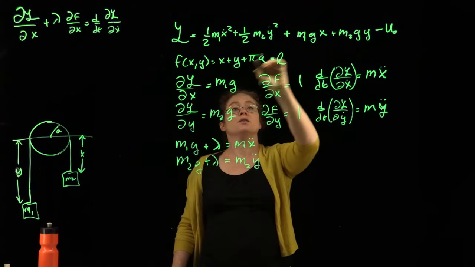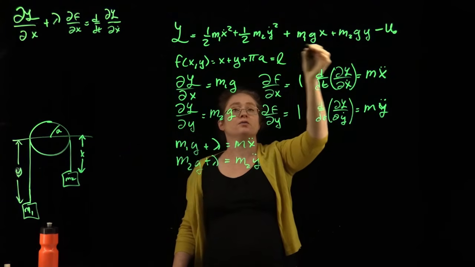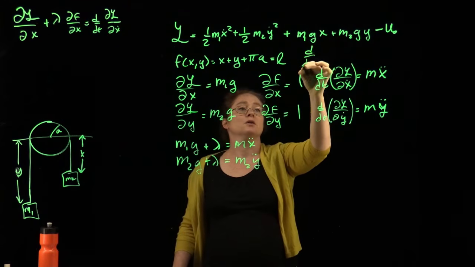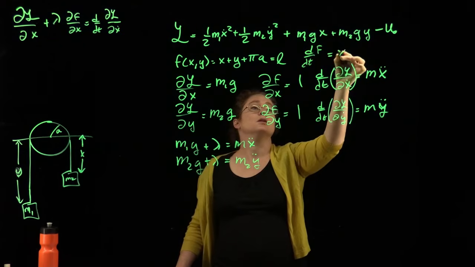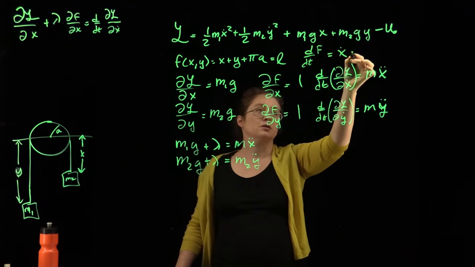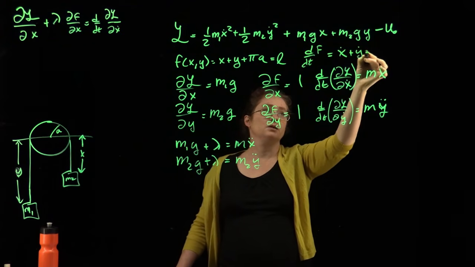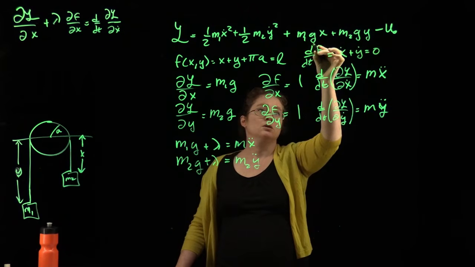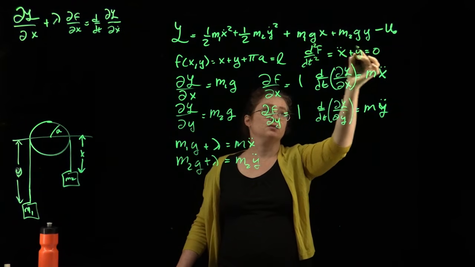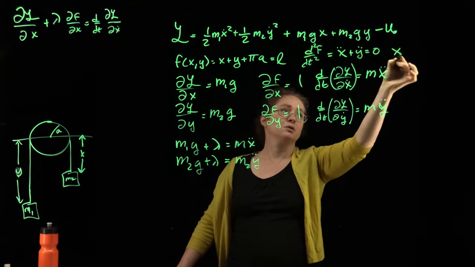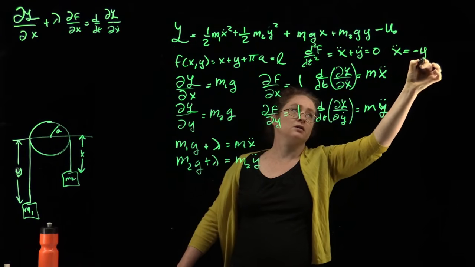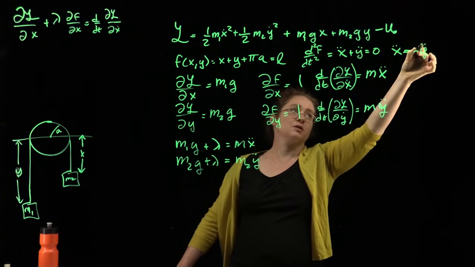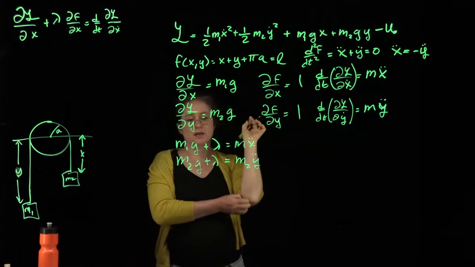When we take the time derivative of f, we get x dot plus y dot equals 0. We can take the second derivative, and we find that the second derivative of x is equal in magnitude but opposite in sign to that of y.